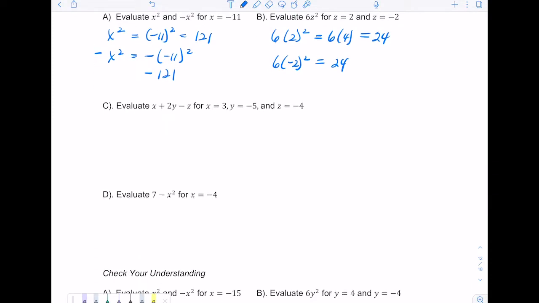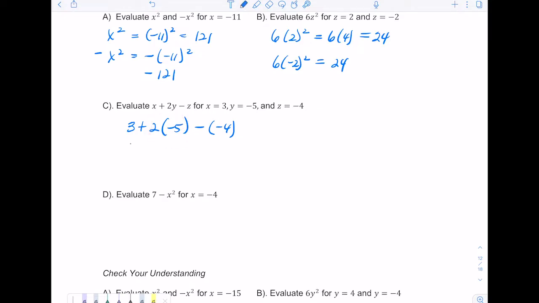For letter C, I'm evaluating in 3 places. I know x is 3, so I'm going to substitute 3 there. Y is -5, I'm going to substitute -5 there. And z is -4, and that's going to go in for z. So I have 3 plus 2 times -5 minus z. So be very careful with the negative and the negative. And according to order of operations, I need to multiply first.